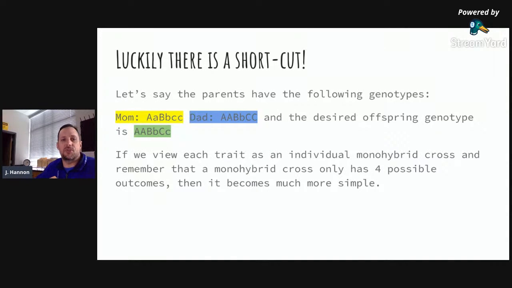So if we view each trait as an individual monohybrid cross, and remember that a monohybrid cross only has 4 possible outcomes, then it's going to become a lot more simple than doing one of those great big 64 box Punnett squares.